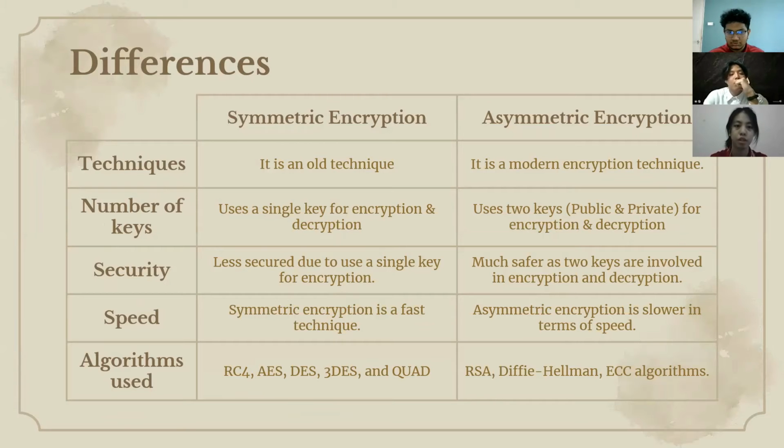Symmetric encryption is less secure, while asymmetric encryption is safer. Symmetric encryption is a fast technique, while asymmetric encryption is slower in terms of speed. The algorithms used in symmetric encryption are RC4, AES, DES, 3DES, and Quad, while the algorithms used in asymmetric encryption are RSA, Diffie-Hellman, and ECC.